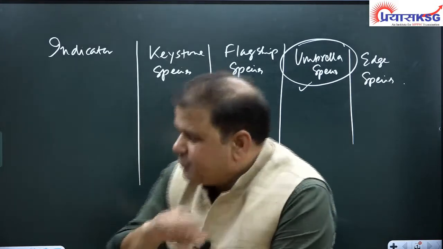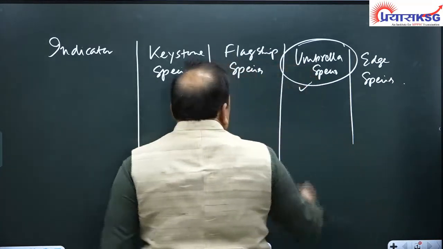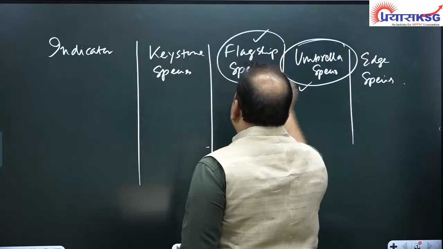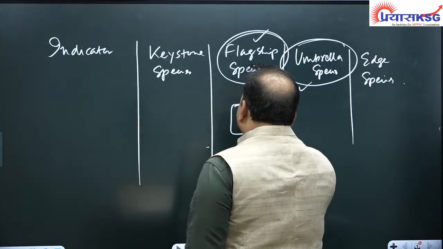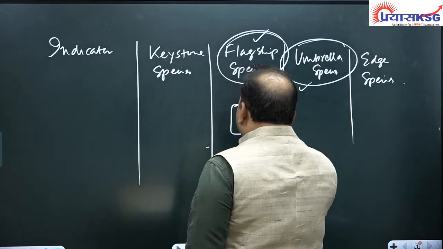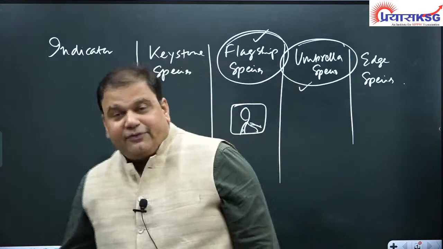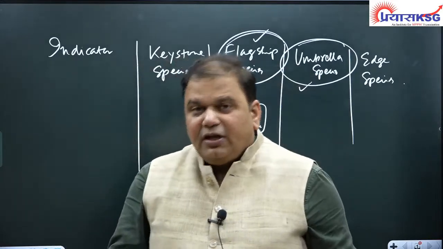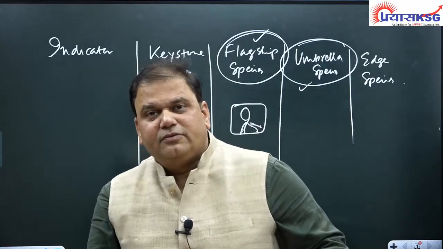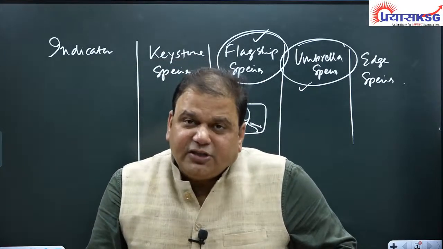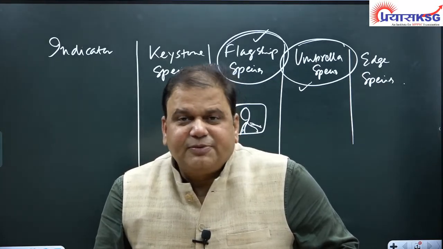Then there is a type of species called flagship species. Flagship species means that we have used the symbol of a species, maybe a tiger or a lion or an elephant, but the intention is to protect other species as well. The species whose symbol is used would be called a flagship species.